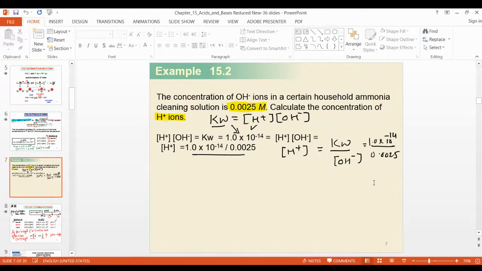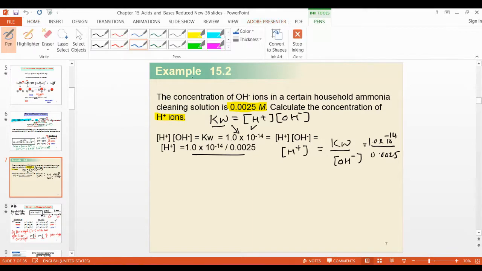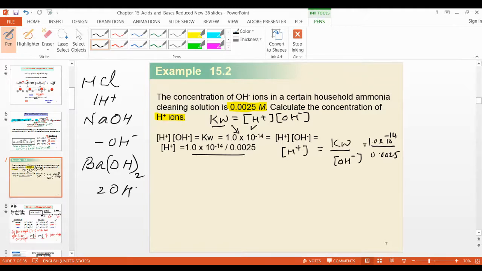For acid, only HCl. Suppose we have this HCl, so only one H plus, and one OH minus. If suppose you have one like this, it means 2 OH minus.